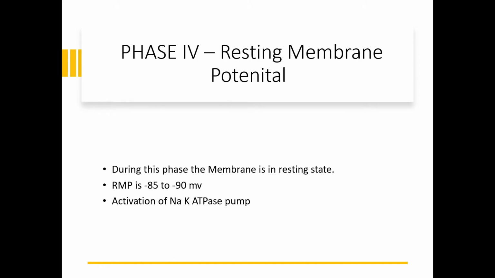Another factor that is very important for the resting membrane potential is the activation of sodium potassium ATPase pump. Sodium potassium ATPase pump is the crucial player for the resting membrane potential, because the excessive amount of sodium that has already entered into the cell has to move from inside to outside.